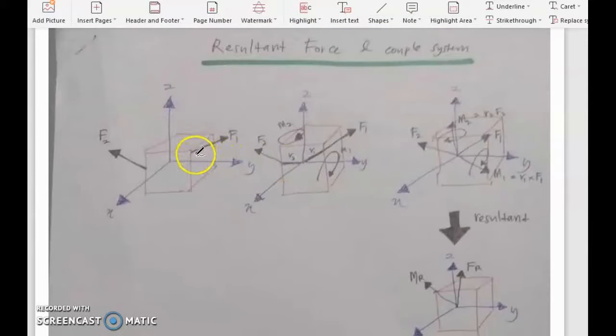Next, what we discussed just now is for one force only. For now it has more than one force, in this case two forces, F1 and F2, or it could be multiple forces, 1, 2, 3 or 4 forces. For more than one force, the process is the same.